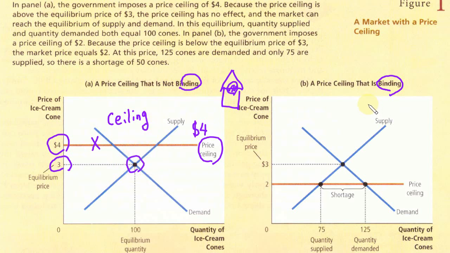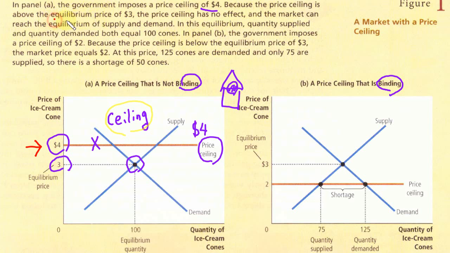But next, we will share the explanation here. In panel A, the government imposes the selling price here, right? They decided the selling price here. But this selling price is above the equilibrium price.